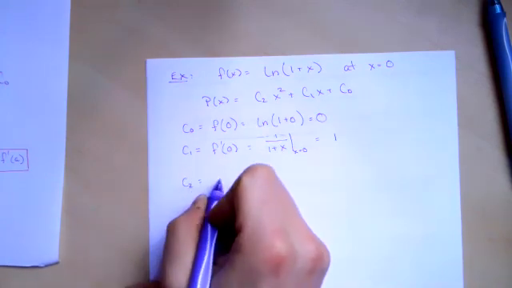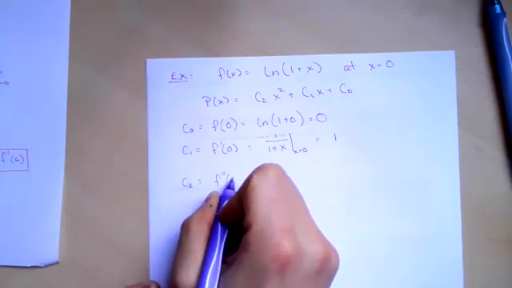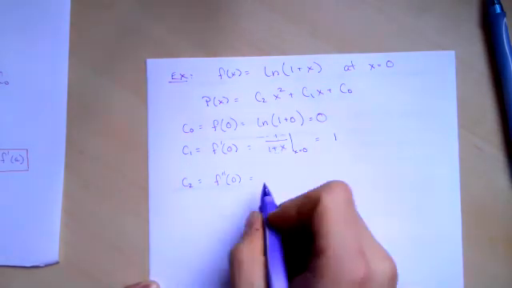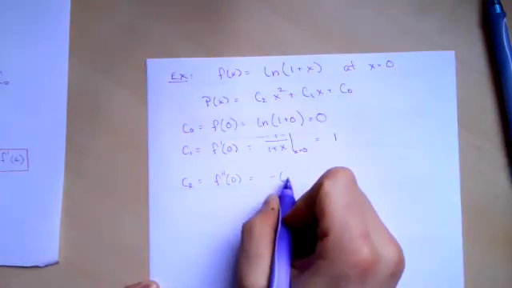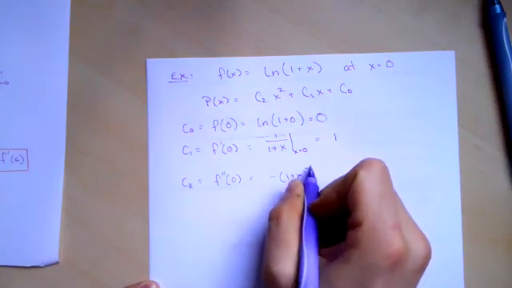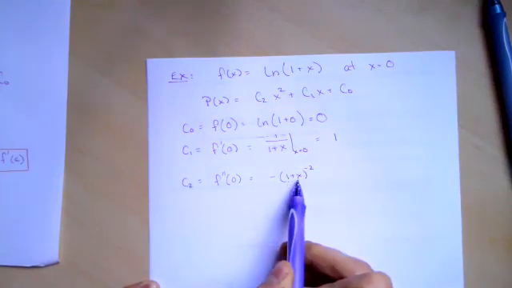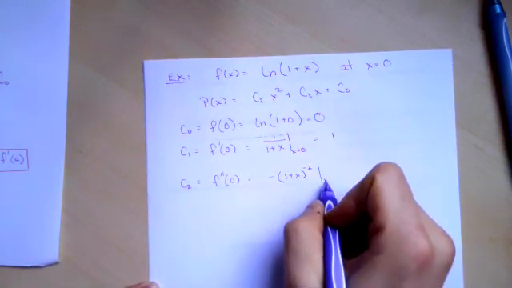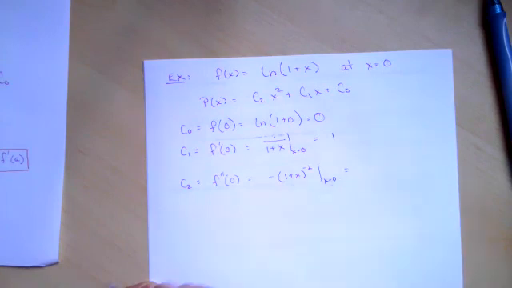So c2 is f double prime of 0, and what is f double prime? We would have negative 1 plus x to the minus 2, and luckily the chain rule with that is just multiplying by 1s. Still going to evaluate at x equals 0, and we get negative 1.